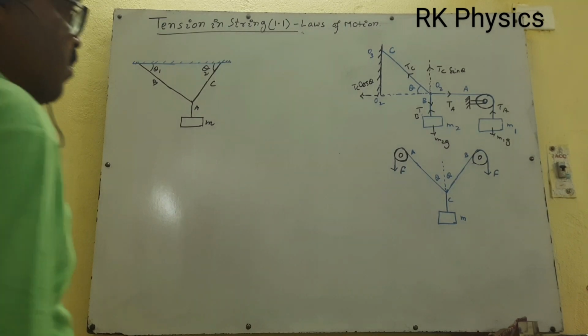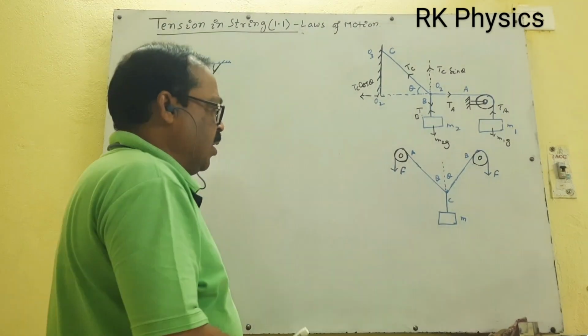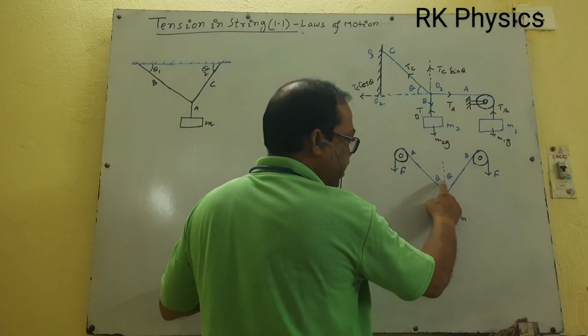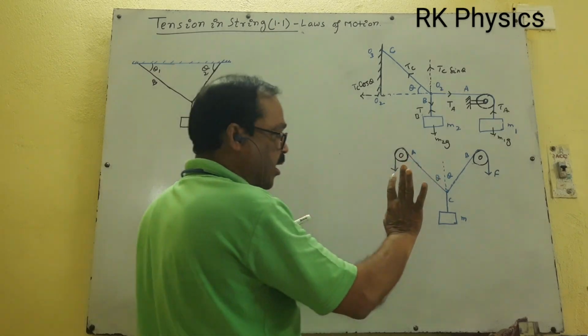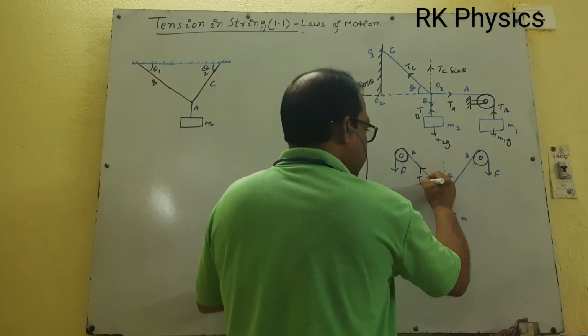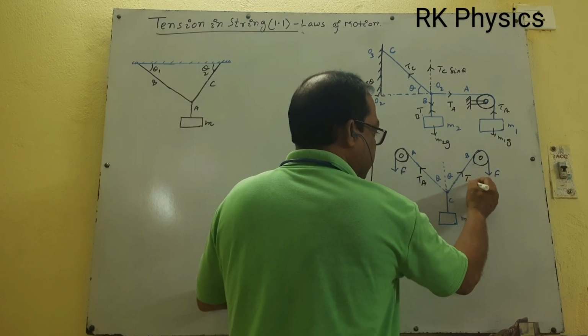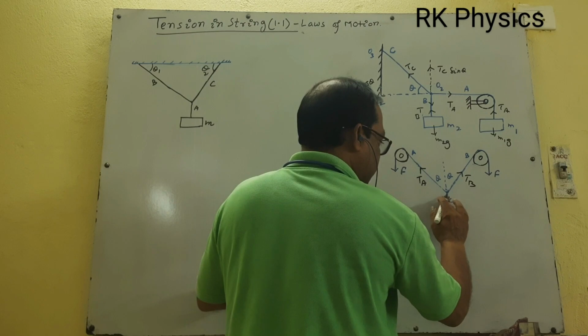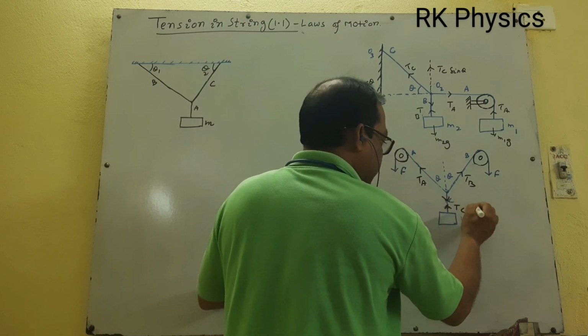Now let us consider the second figure. In case of the second figure, length of the strings are equal because the angle is theta with respect to vertical. Now the force along this is TA, along this is TB, and along this is TC.